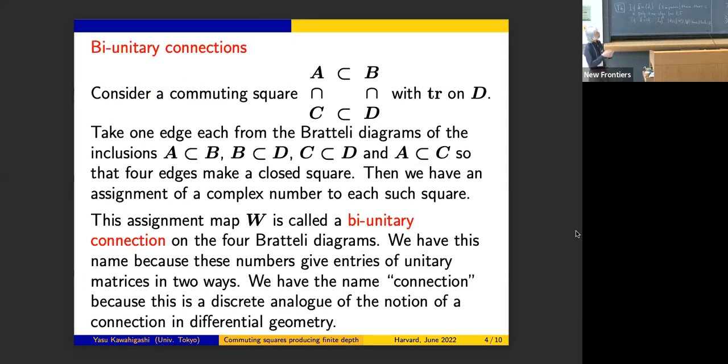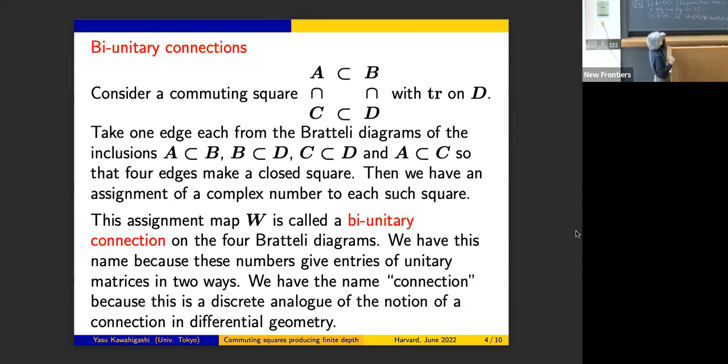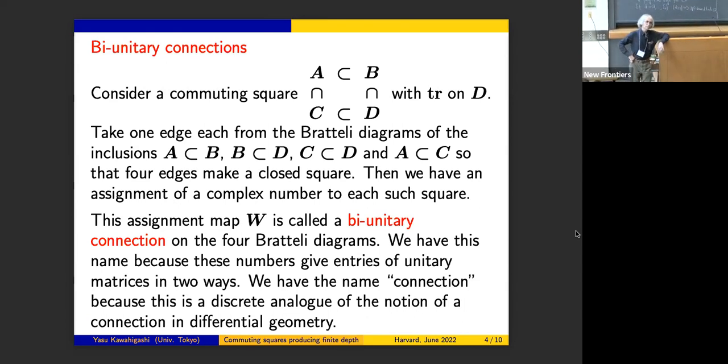And for this setting, we have another formulation of the initial commuting square ABCD. So for A contained in B, we have a Bratteli diagram to describe this inclusion.